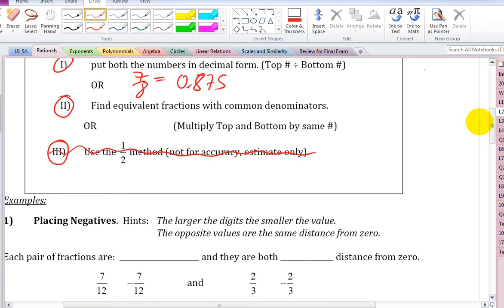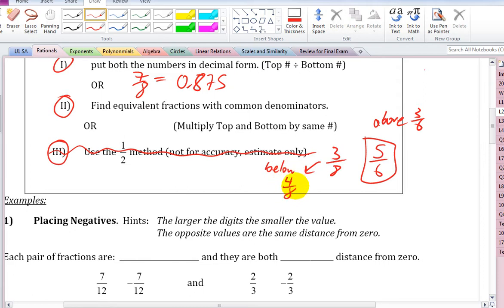Basically, compare whether the numbers are below half of their value or above half of their value. So if I compared 3 over 8 to 5 over 6, I know that this one's bigger because it's above 3 over 6, where this one is below 4 over 8. This is a half of the fraction.